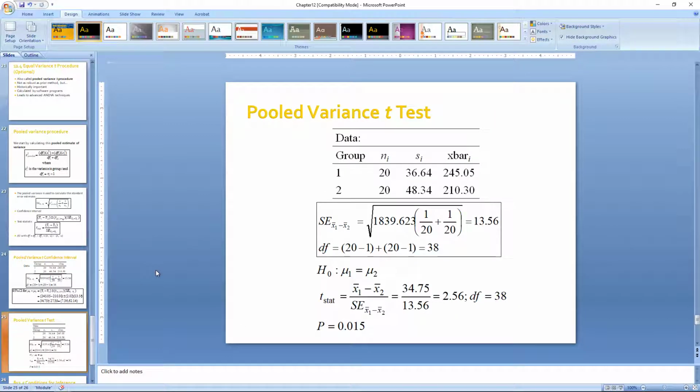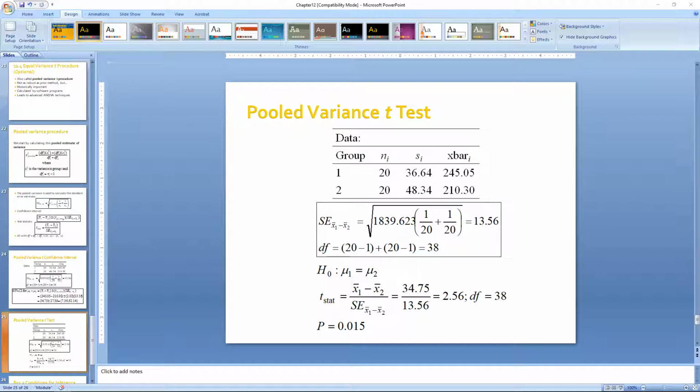So we can do a pooled variance t-test. We already did this on the previous slide, and we get the t-stat of 2.56 with degrees of freedom equaling 38, and you get a p-value of 0.015. So that's for a pooled variance t-test.